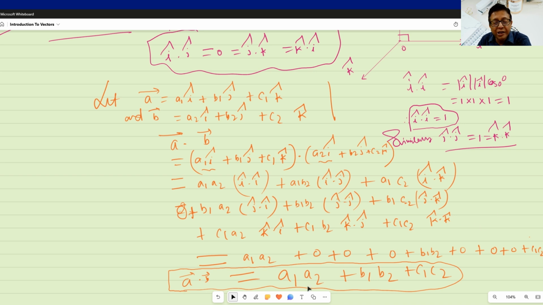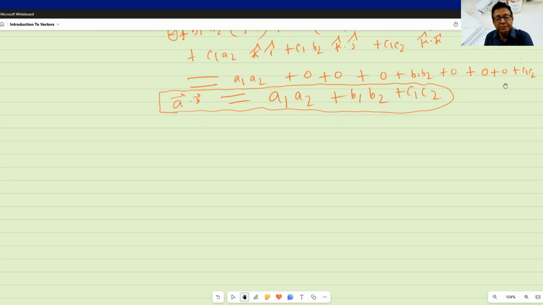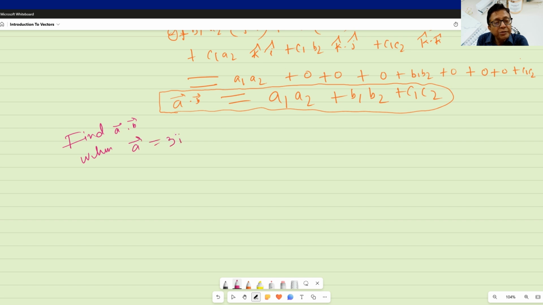So let us find one application of it. Find A dot B when A equal to 3i plus j plus 2k and B equal to i minus j plus 3k.